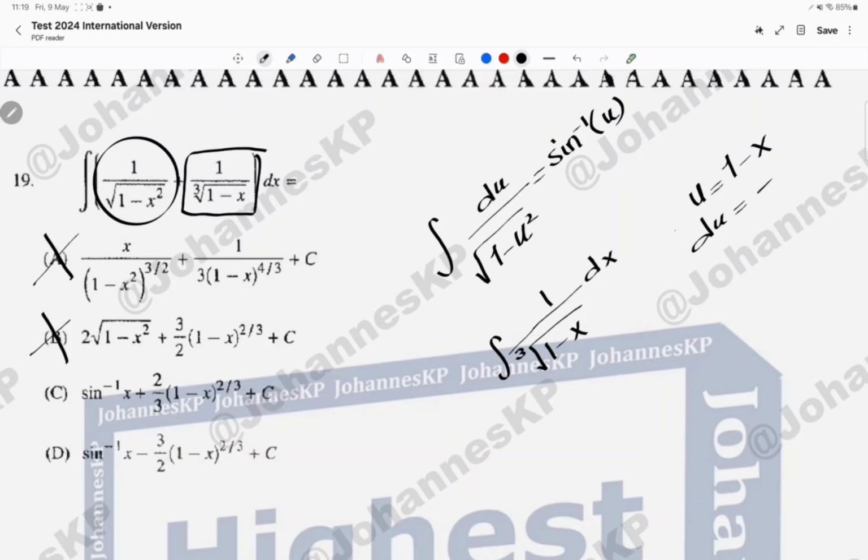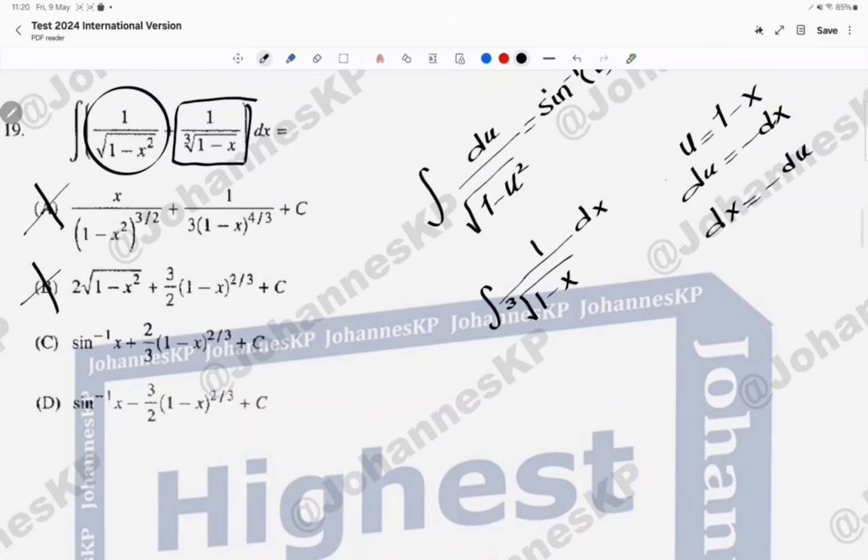Minus 1, because when you differentiate x, you get 1. It also becomes minus dx, so minus 1 times dx is just minus dx. So dx is equal to minus du. Agree? Yes.